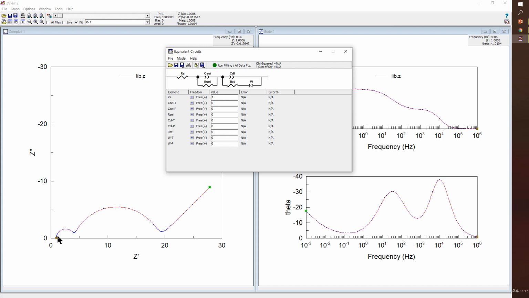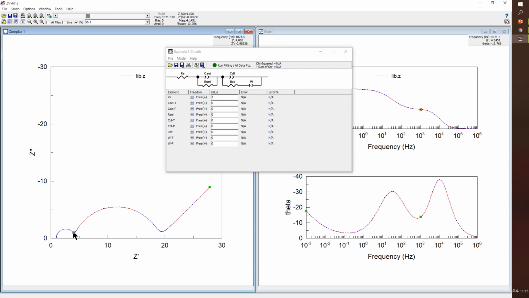And let's go to the first semicircle. What is the diameter? Let me check it. So this is 1 ohm, and then let me move the green circle. So this value is about 4.